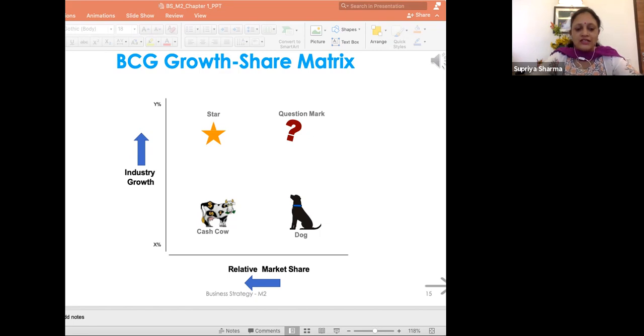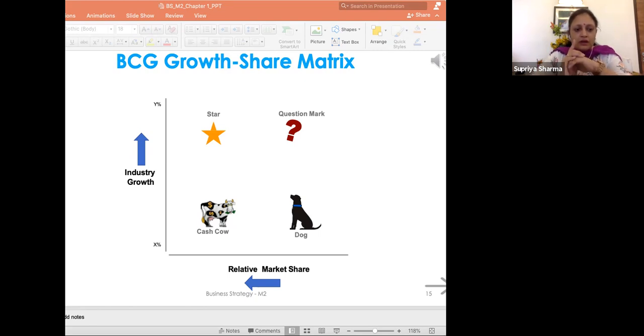Okay, fine. So let's understand the fundamentals. This is an example, and we'll come to the examples, but let's understand the fundamentals of this. A star represents a business unit having a large market share in a fast growing industry. They may generate cash, but because it's a fast growing market, stars generally tend to require huge investments.